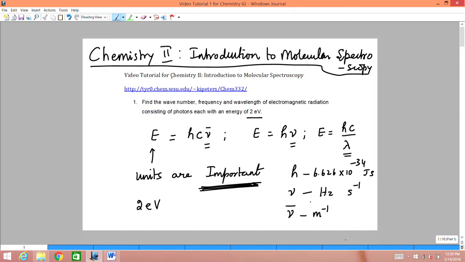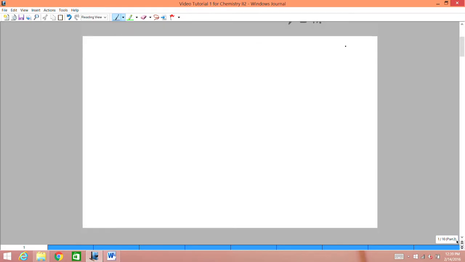Since they are all SI units, the electron volt should obviously be converted to joules. You recall that 1 electron volt is 1.602 times 10 to the minus 19 joules.